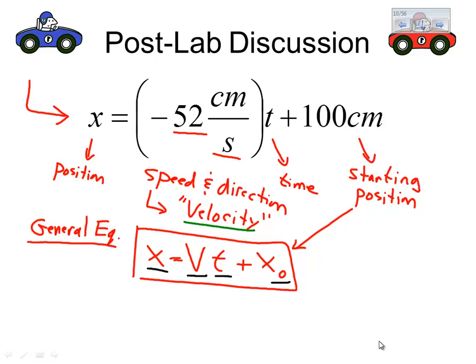We have to be a little more specific than that. We have to say that velocity is the slope of a position versus time graph. You can't just define the slope of any graph as the velocity. It's only the slope of a position versus time graph.